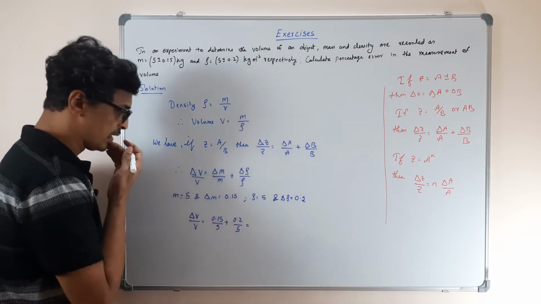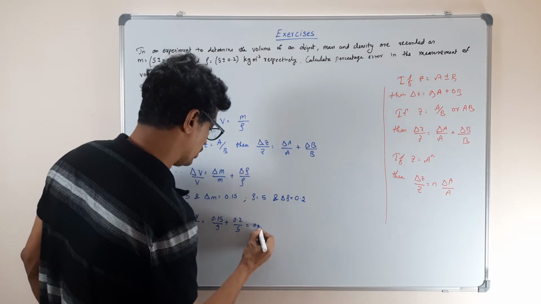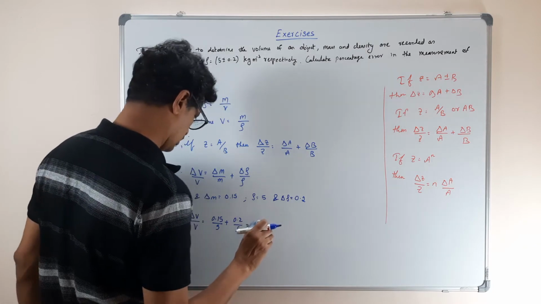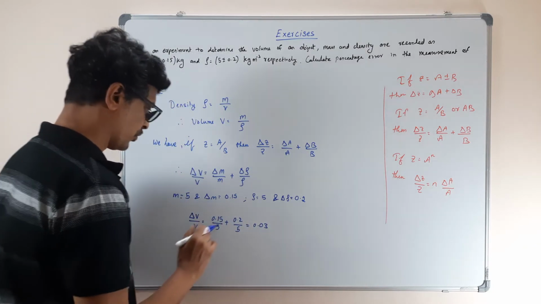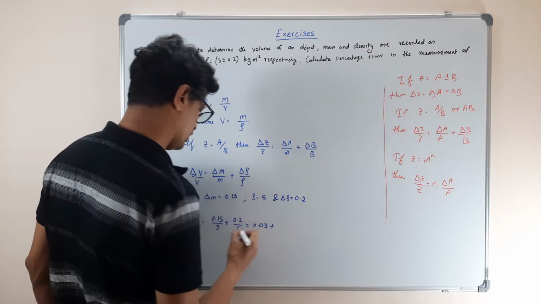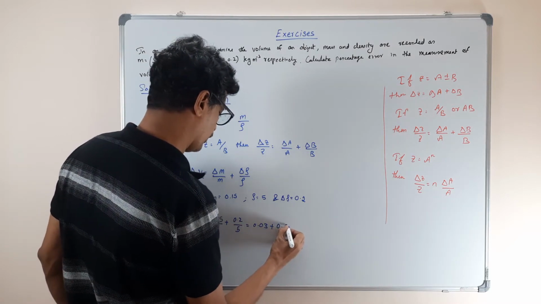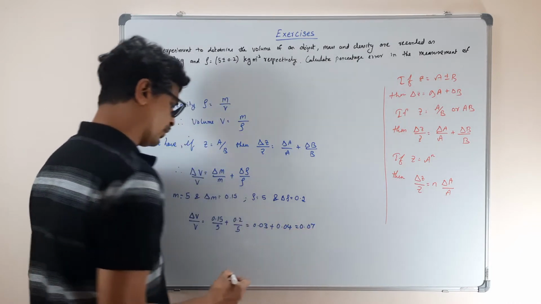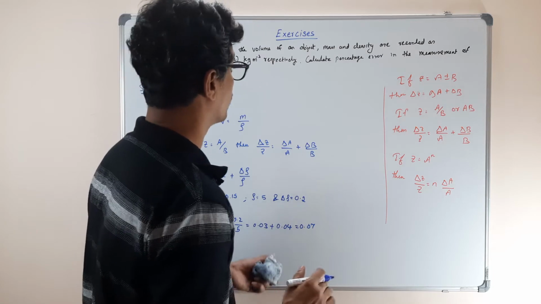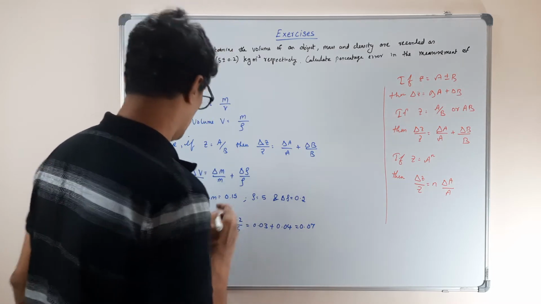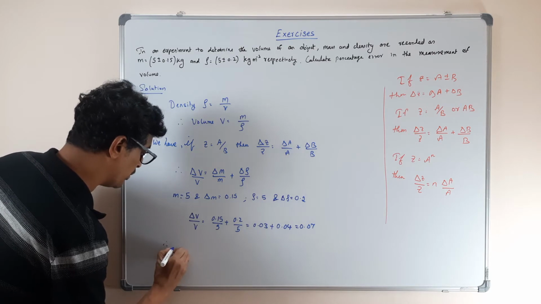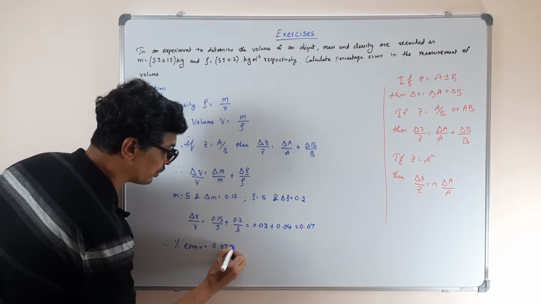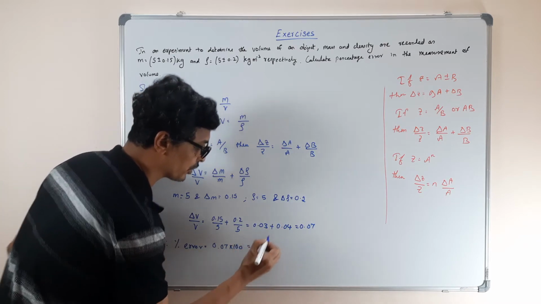So what will this be? 0.03 plus 0.04, correct? So how much will it be? 0.07. That's all they asked, right? Oh, percentage error. So percentage error equals 0.07 into 100, that is equal to 7 percent.